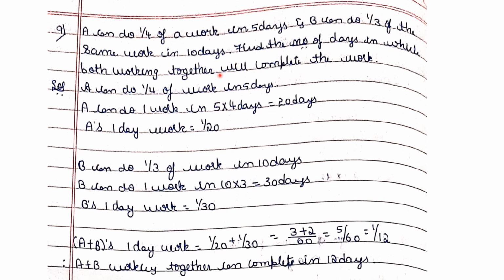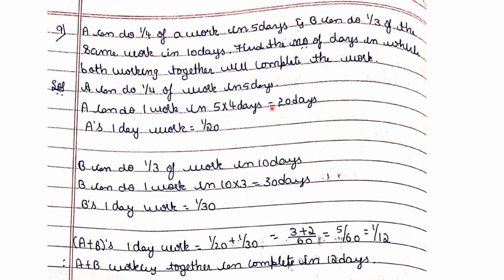So for 5 days, if A is working 1/4, for 1 day how much is he working? So this is taken as 5 into 4 days, that is 20 days. So 1/4 of the work will be completed in 5 days. So this 1/4 is taken as 4, so 5 into 4 will become 20.